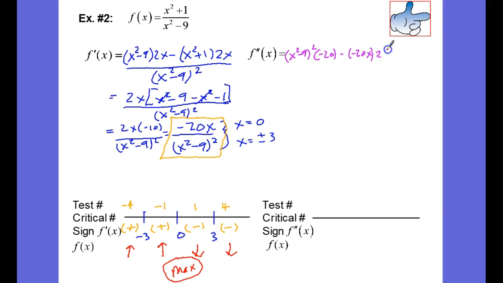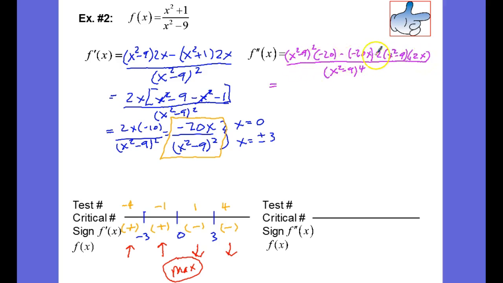We have 2 times (x squared minus 9) times the derivative of the inside, which is 2x, all over (x squared minus 9) to the fourth power.